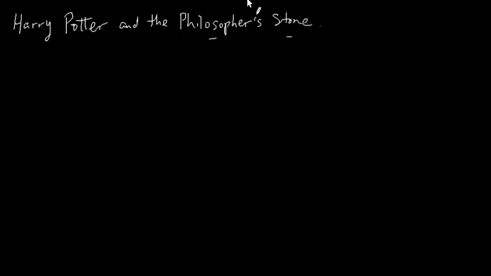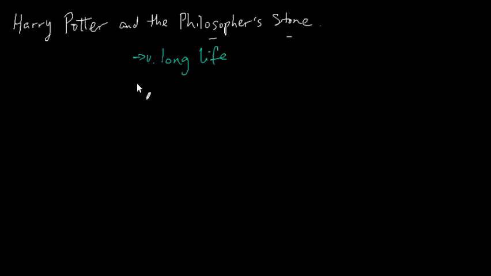Now, the Philosopher's Stone, as you would know if you have seen the film or read this book, is something that can give people long life. Not just long life, but very long life.